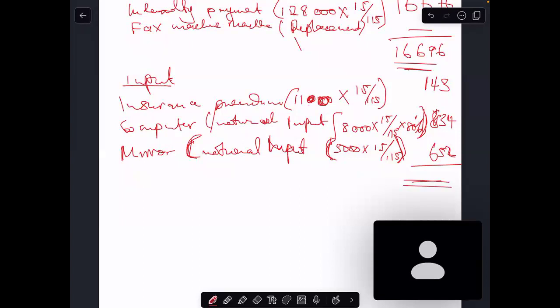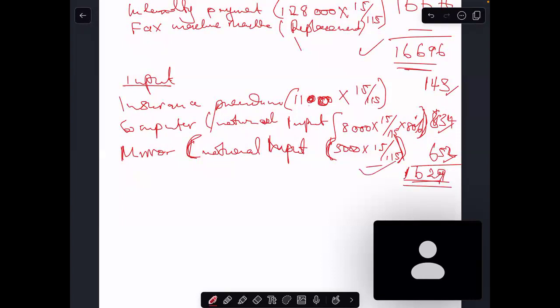You only add from 143, 834, and 652. It's 1,629. Right, yes. So our output is greater than input.